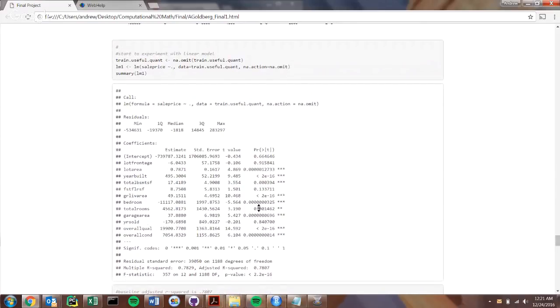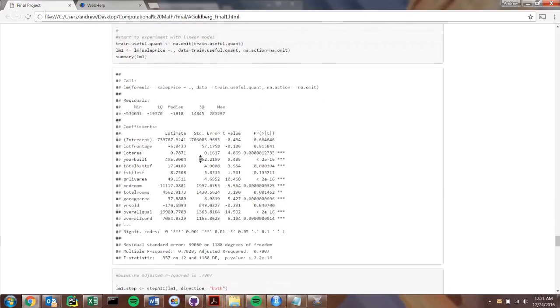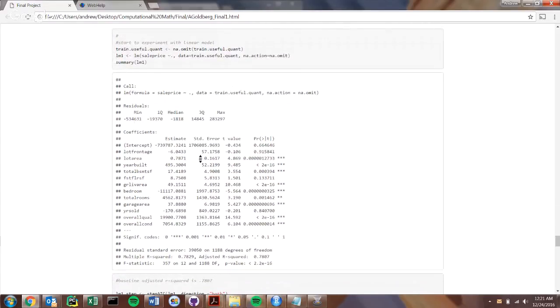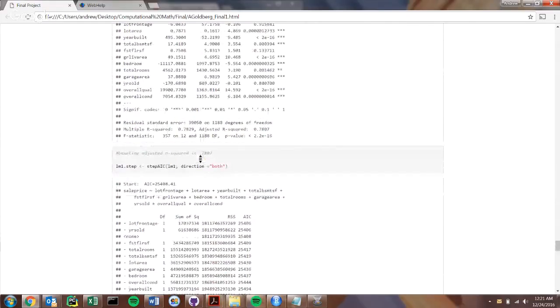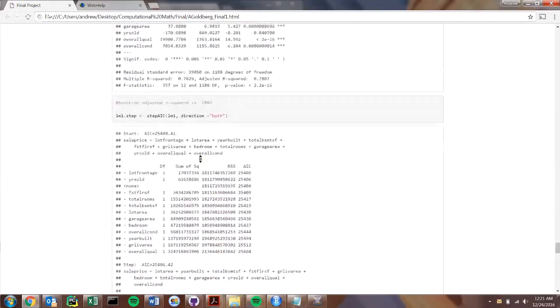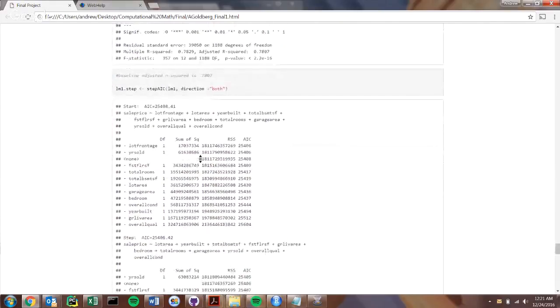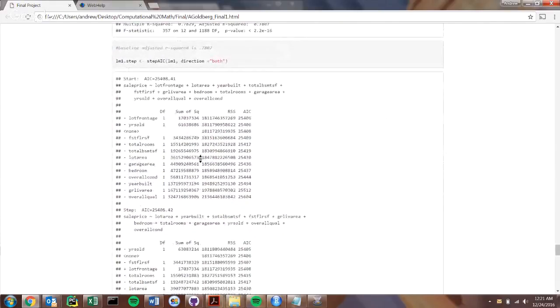Then I went on with the linear model. First, I just trained a standard linear regression on all the variables. Then I used a stepwise function to see if I can improve it at all, going both ways.